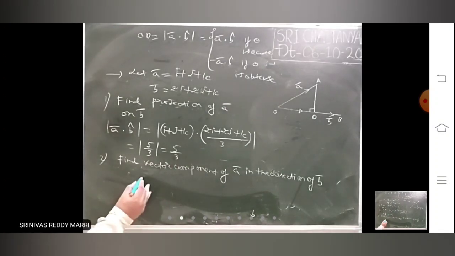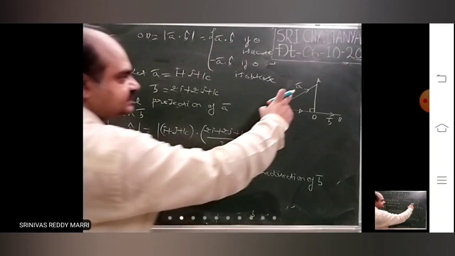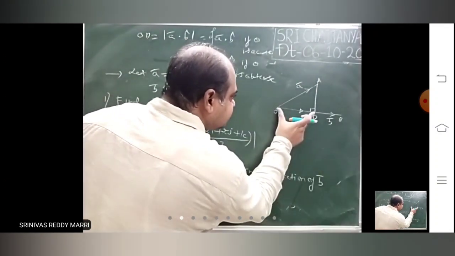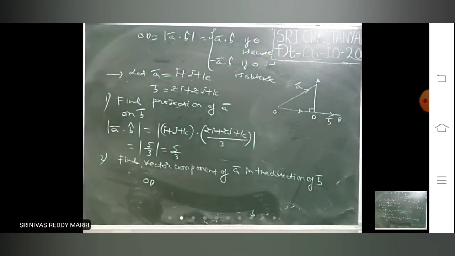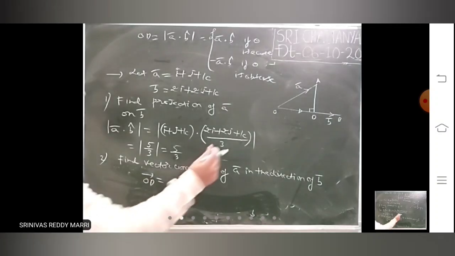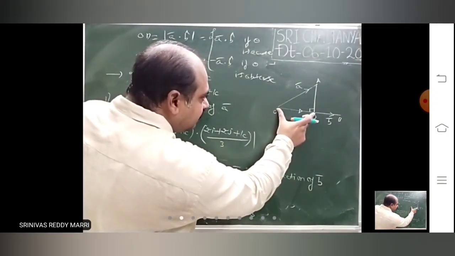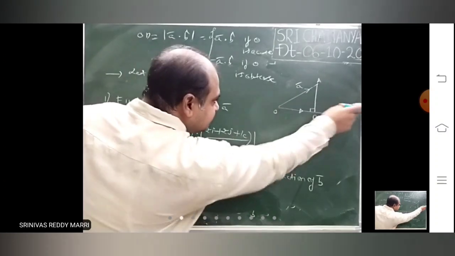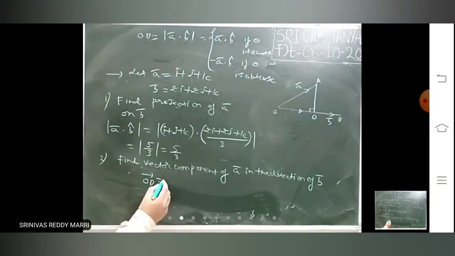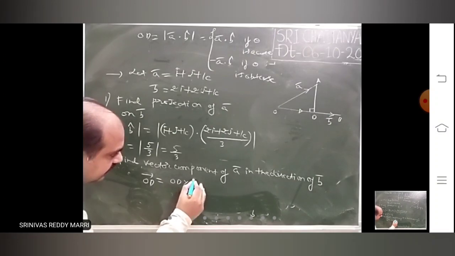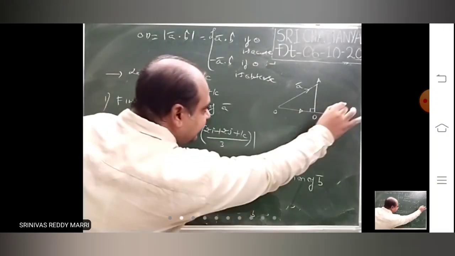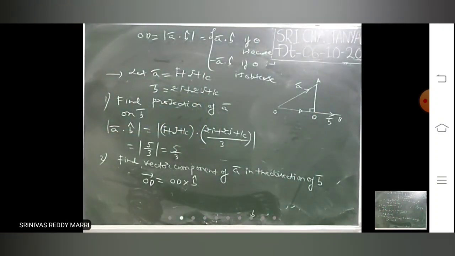Now OD bar. He wants this component of this in the direction of B bar, means this OD bar is in which direction? That direction. That means OD bar is nothing but. Now OD length you know. In this direction unit vector is what? That means OD length into B cap. In that direction unit vector is there, that is B cap.